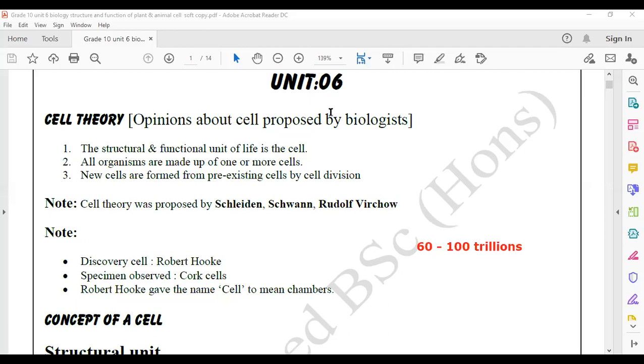So are they pre-existing compared to the parents or not? Compared to grandparents, were the grandparents born in this world earlier or not?